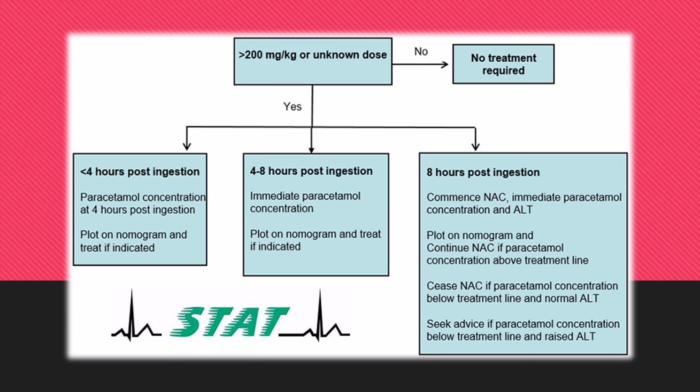Indications for using this antidote, as discussed, include if the paracetamol level is above the Rumack-Matthew nomogram treatment line, i.e. it is a line crosser, after a single acute ingestion within 24 hours. It is also indicated if elevated liver transaminases are deemed to be the result of a paracetamol overdose.